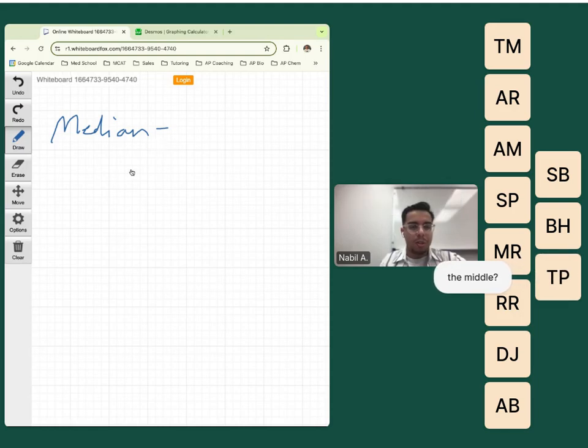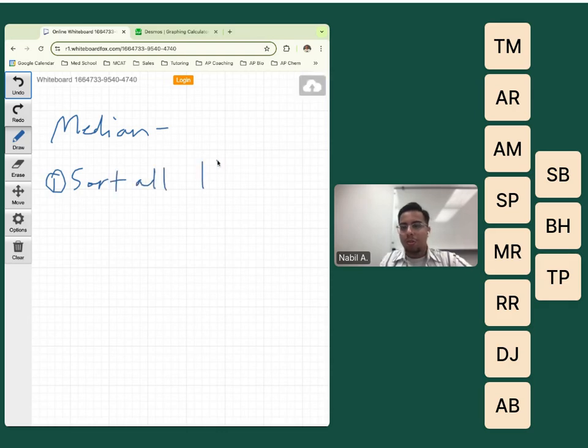That's what I like to call it. First, it's assumed that all the numbers have to be rearranged from low to high. So that's the first condition. A better term here is sort all numbers from low to high.